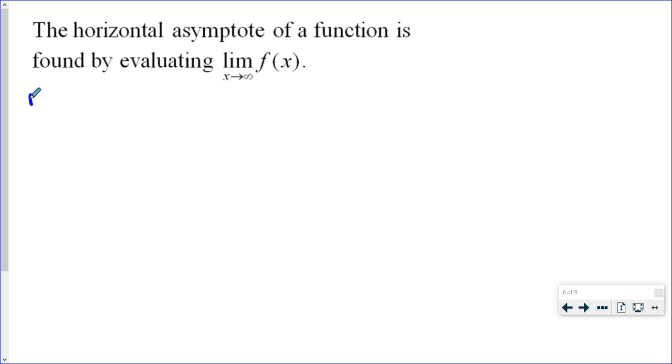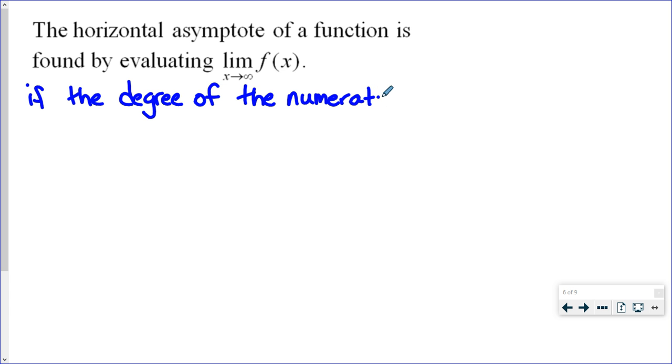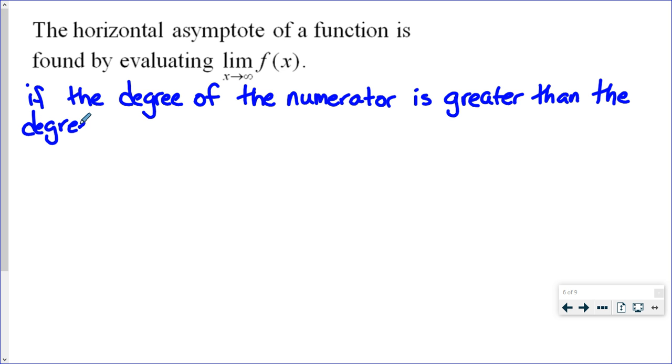All right. So if the degree of the numerator is greater than the degree of the denominator, what happens if the top is larger?